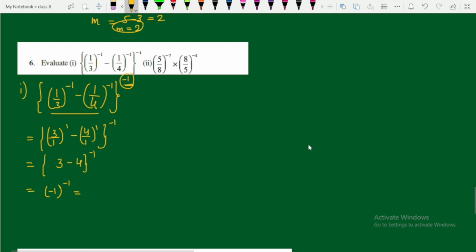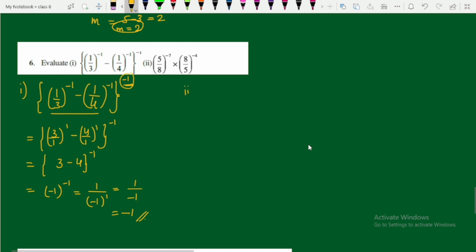So we have to take the reciprocal of the number, 1 upon minus 1, whole raised to 1. So it is 1 upon minus 1. Whenever the denominator is negative, you have to write it in the numerator, that is minus 1. Minus 1 upon 1 is minus 1 only. This is the answer. This is question number 6, the first one.